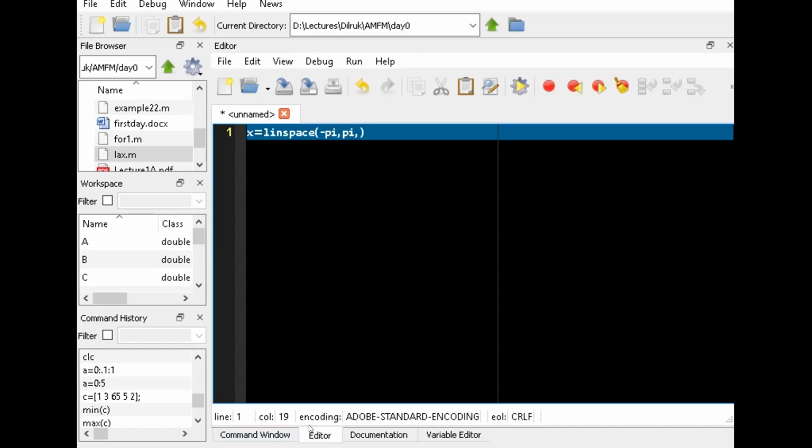Oh, it is confusing here. Let's say 50. I want to include 50 points. Okay, yeah, discretize. I don't want to see the output, that's why I include the semicolon at the end. So can you see these letters?